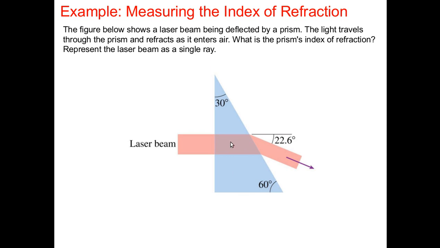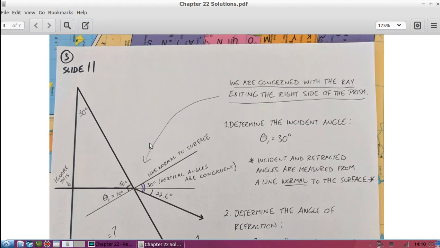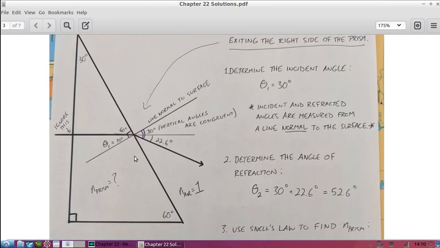We're looking for the index of refraction, and we know it enters air. So we know the index of refraction out here is 1. So we're looking for the prism's index of refraction. So here's a drawing. It's a little bit nicer, right? I draw the beam as a single ray, and it strikes.